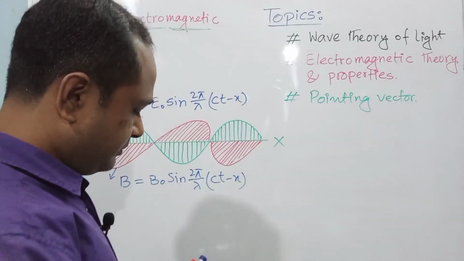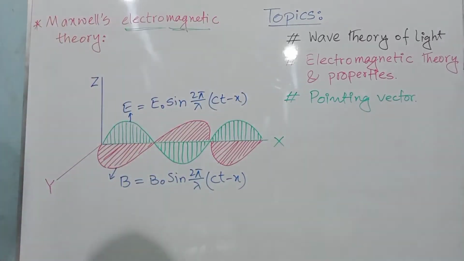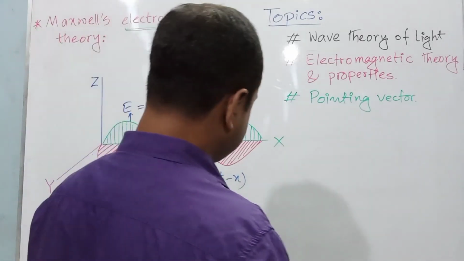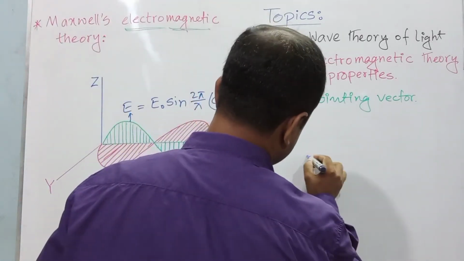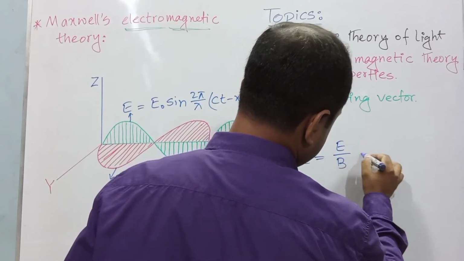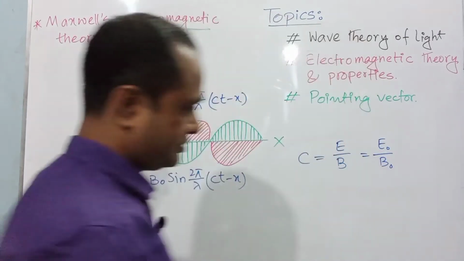Again, Maxwell shows that the speed of the electromagnetic wave, which is denoted by c, is equal to E divided by B, or E naught divided by B naught.